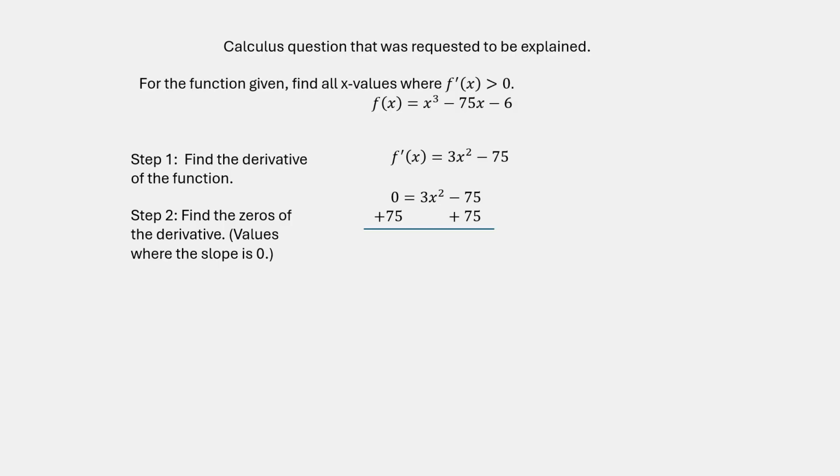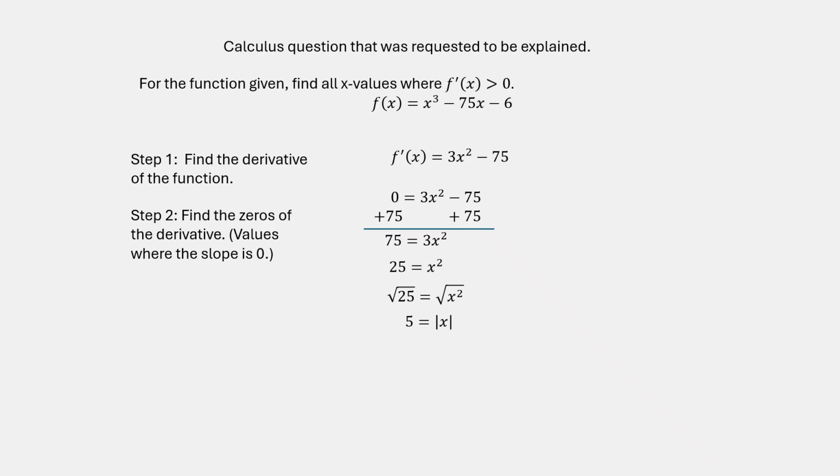Now we're doing algebra. Add 75 to both sides: 75 equals 3x squared. Divide both sides by 3, so 25 equals x squared. And then we will take the square root of both sides because we don't need x squared, we need x. And here comes a common mistake that a lot of people make. We know what the square root of 25 is, but the square root of x squared is actually the absolute value of x. We are introducing a square root, which means you have to look at both positive and negative versions of a number.